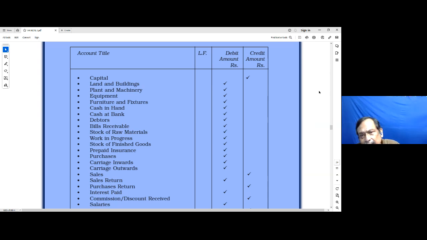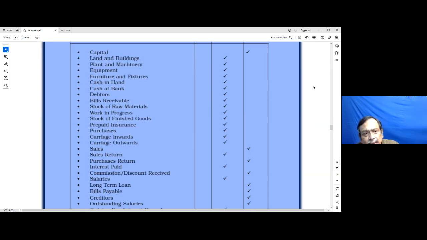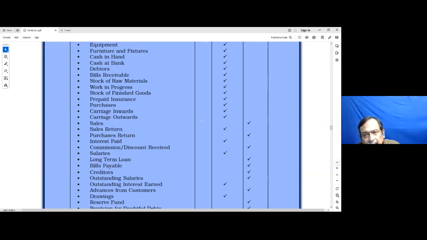Cash in hand, cash at bank, both assets, debit balance. Debtors, debit balance. Bills receivable, debit balance. Stock of materials, work in progress, stock of finished goods, all are assets. Prepaid insurance, purchases, carriage inwards and carriage outwards, having debit balances. Sales credit, sales return debit, purchase return credit.